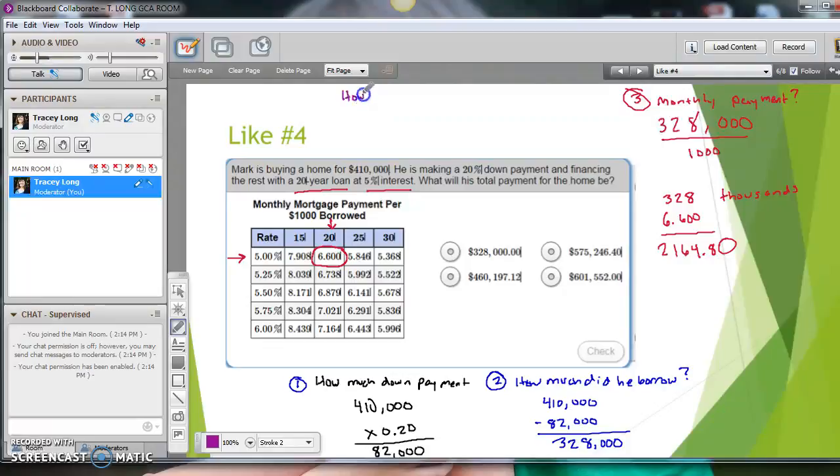How much does he repay? This is step 4 over here. What I'm going to do is take the payment amount times the number of payments. So we said that the payment amount was $2,164.80.